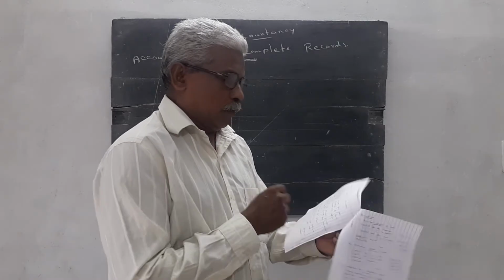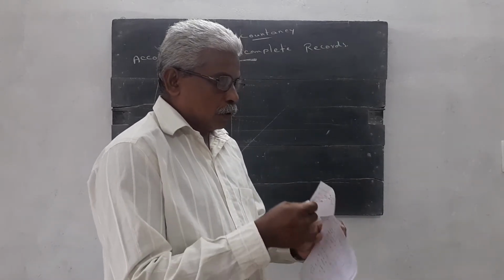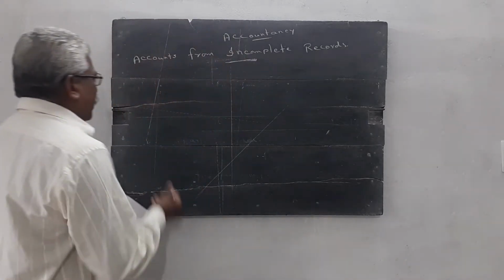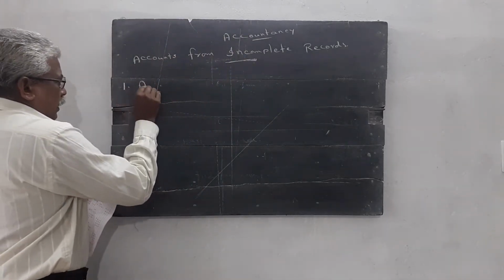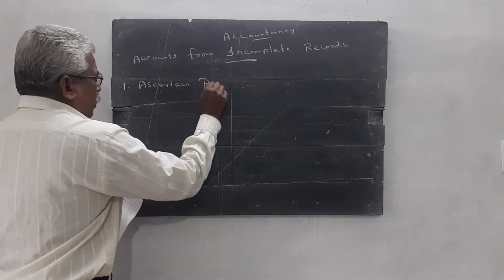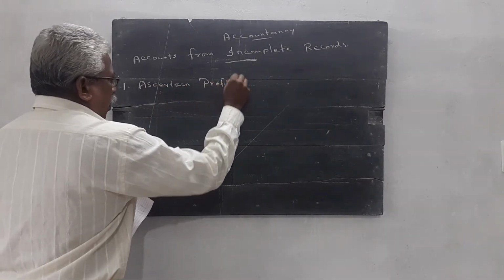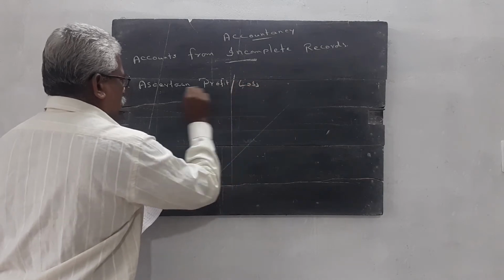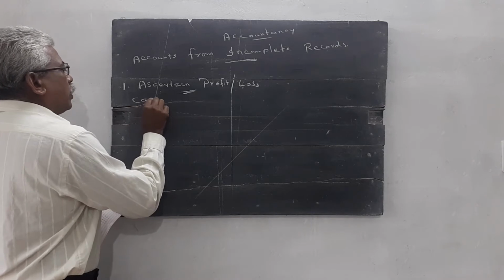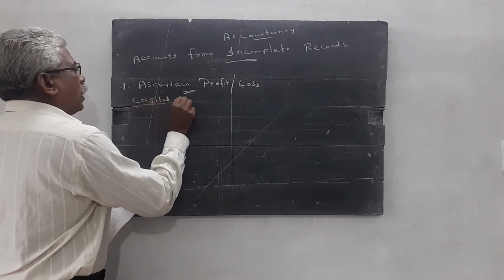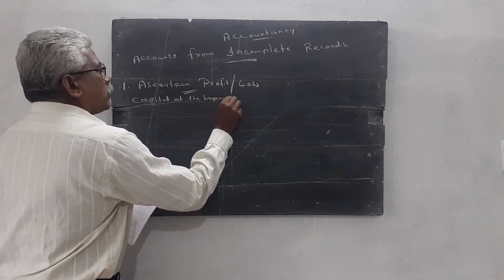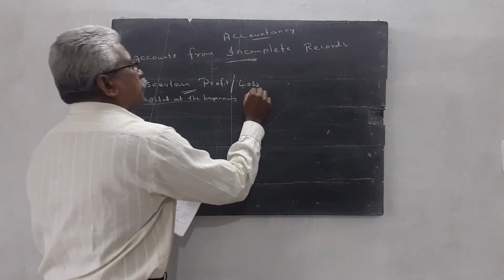Question number 1. It is given in the back side of the question, page number 31. Ascertain profit or loss. Capital at the beginning, rupees 5 lakhs.